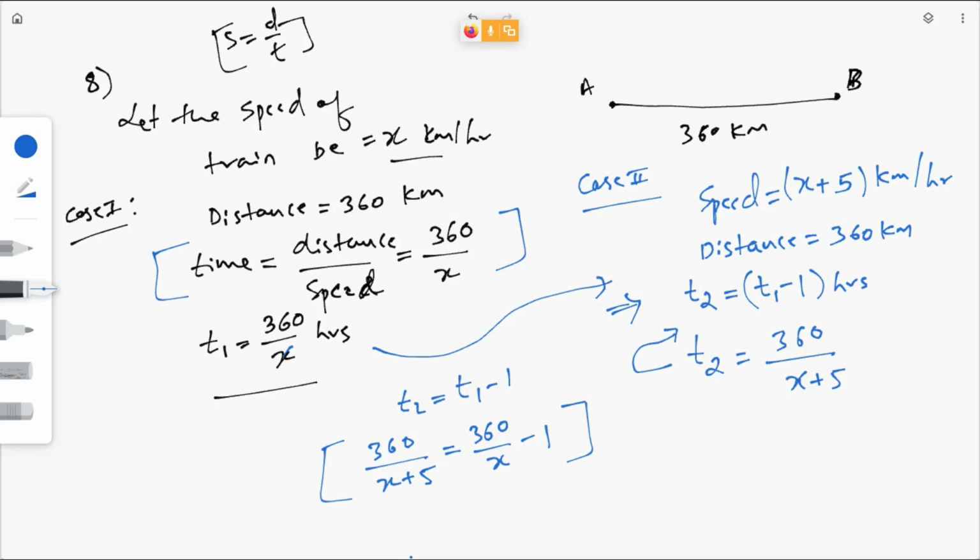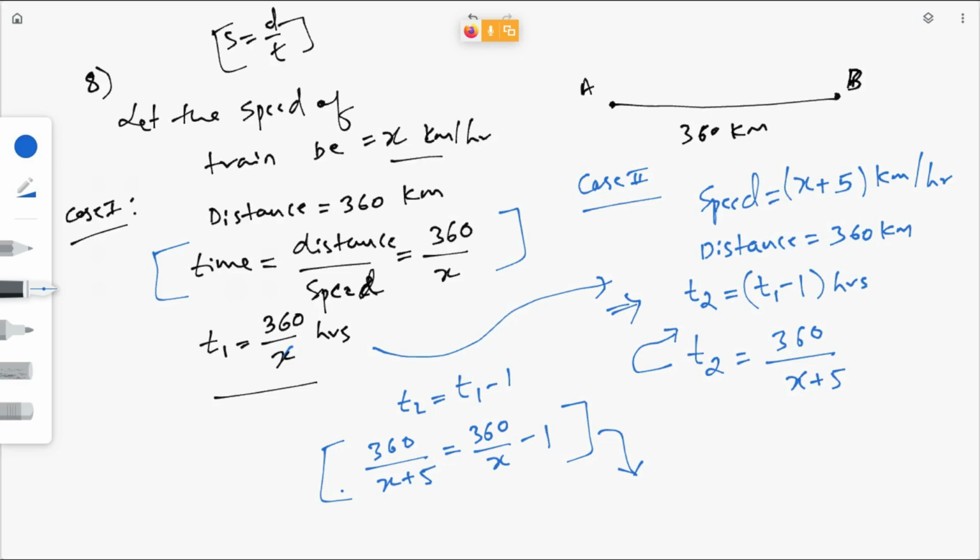Any questions, any doubts? No, sir. Okay, then copy this one. I will erase this part. Then we'll solve this equation. When you solve this one, you will get a quadratic equation. After solving the quadratic equation, you will get the x value, that is the speed of the train.